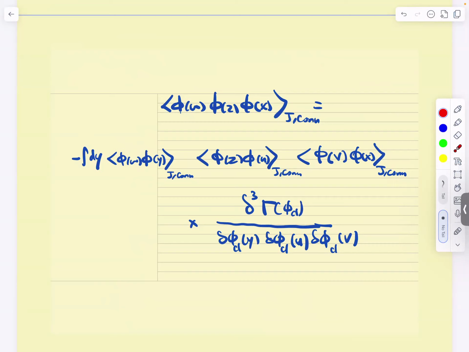This is a fact, that the connected three-point function could be written in terms of diagrammatics: connected two-point functions here and the 1PI. Now, the interpretation of that is obvious, right? That guy is nothing but the 1PI here. Good?